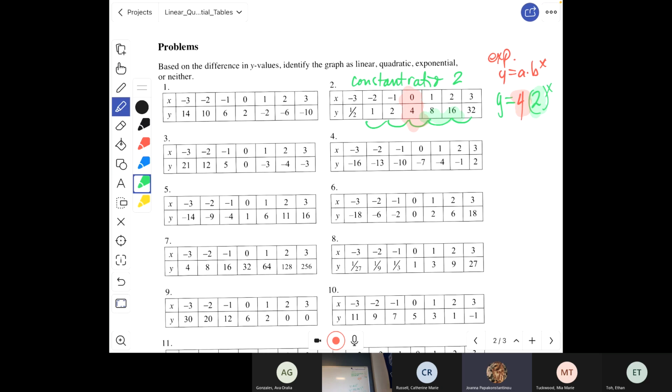Put it away. Okay, those of you online, I'm posting it right now.